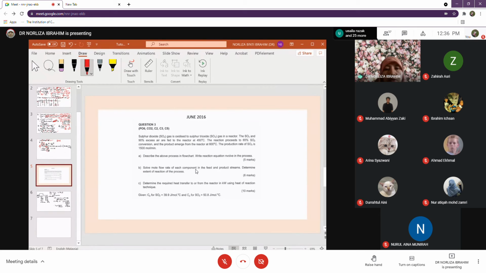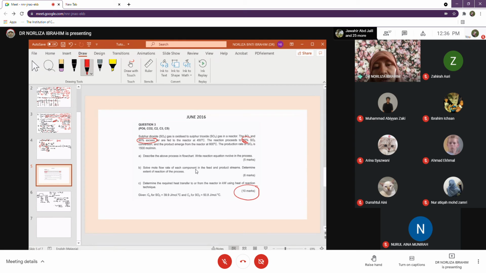This one is not 100% conversion. It is 65% conversion, and you also have 90% excess of air. So this is basically the material balance. The energy balance, 10 marks here, is very straightforward.